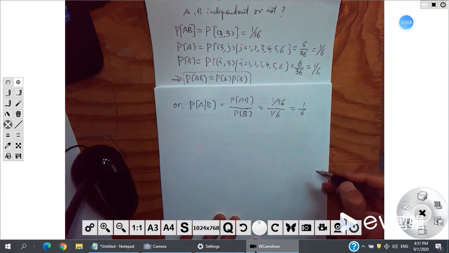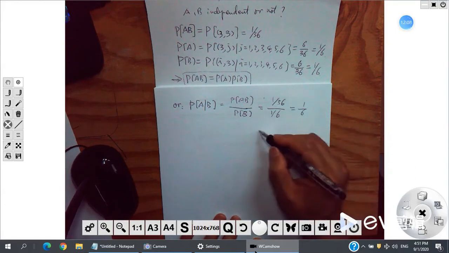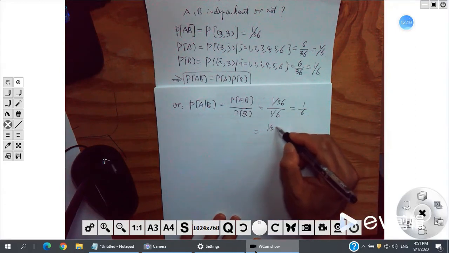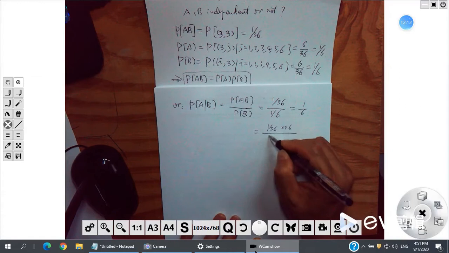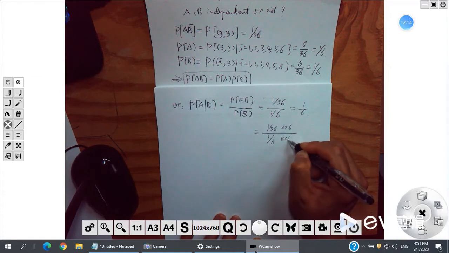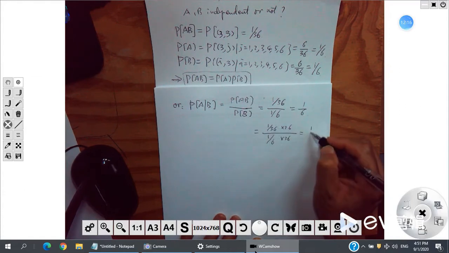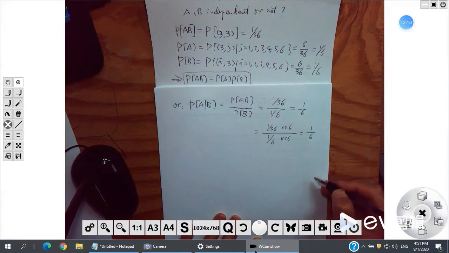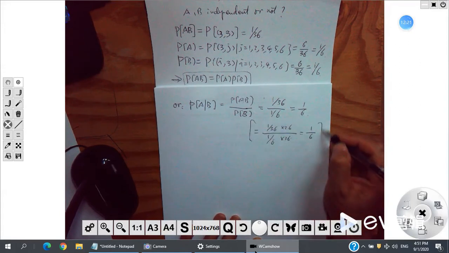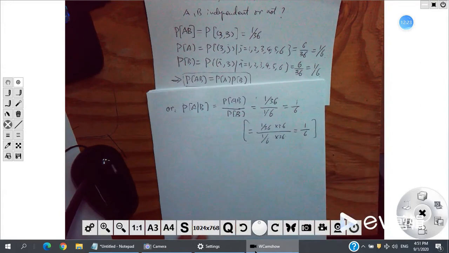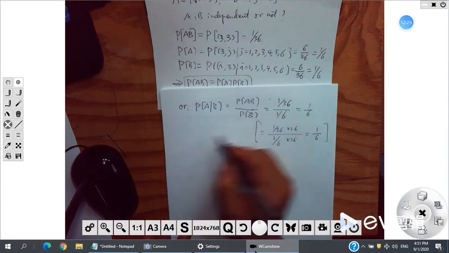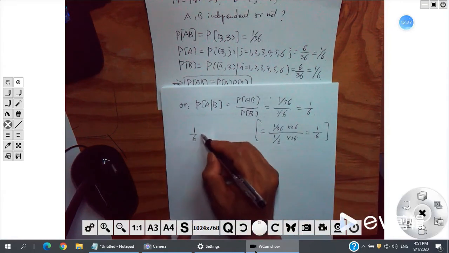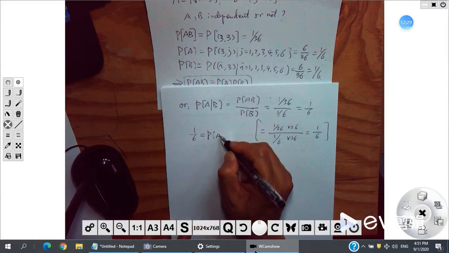Yeah, you get it? You can do it like this: 1 over 36 times 36, and 1 over 6 times 36. Then the numerator is just 1, and the denominator is 6. You can calculate this way. So this is 1 over 6, equal to the probability of A.